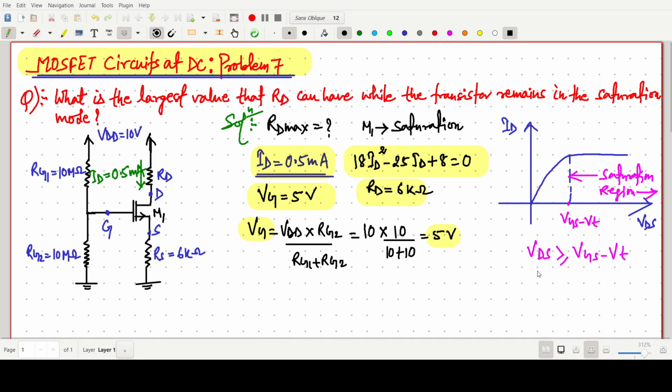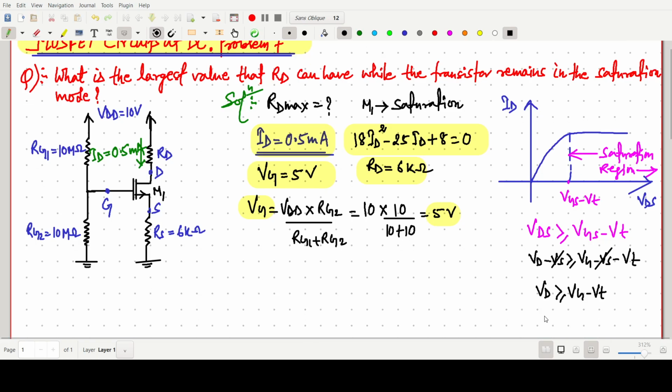So what we can say, VD minus VS should be greater than VG minus VS minus VT. This VS cancels, it is the same potential. So VD should be greater than Vg minus Vt. One more thing, Vg value will be 5 minus Vt, which is 1.